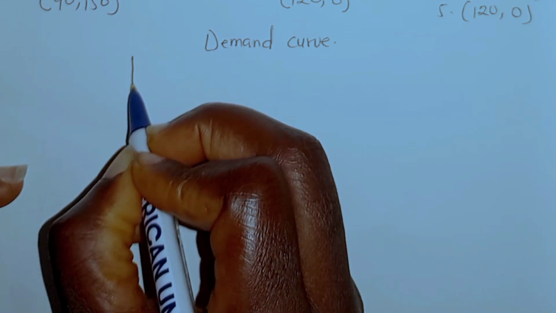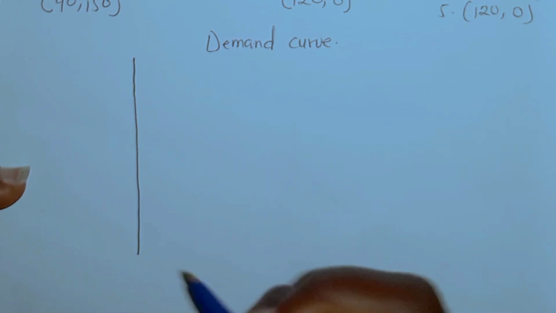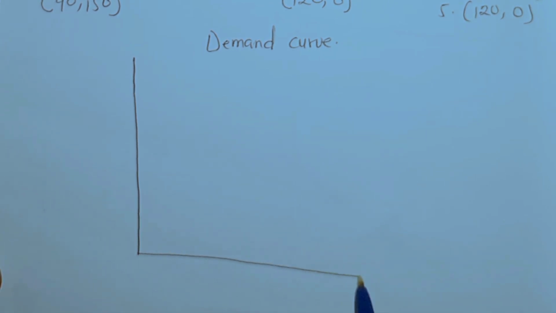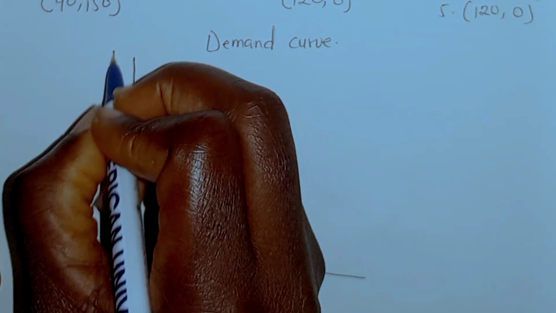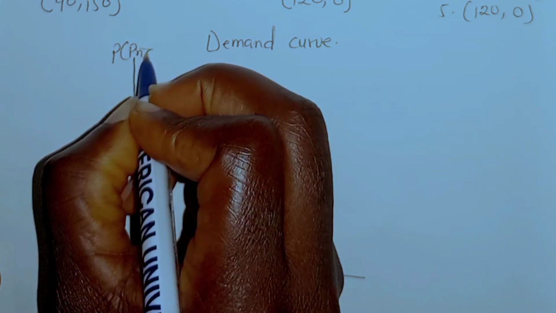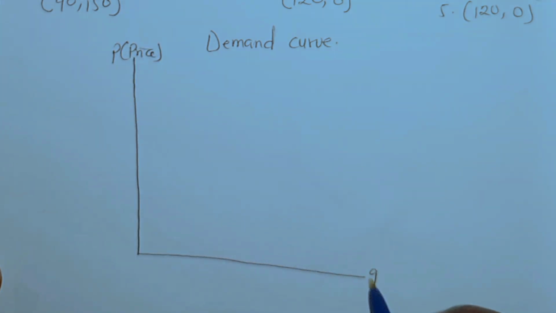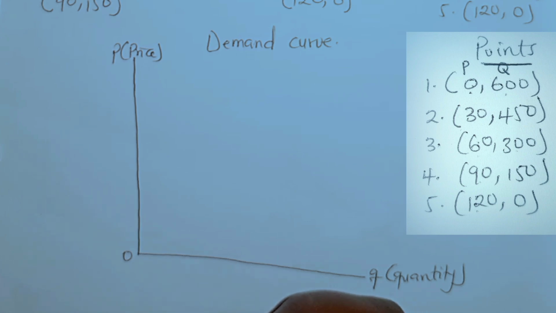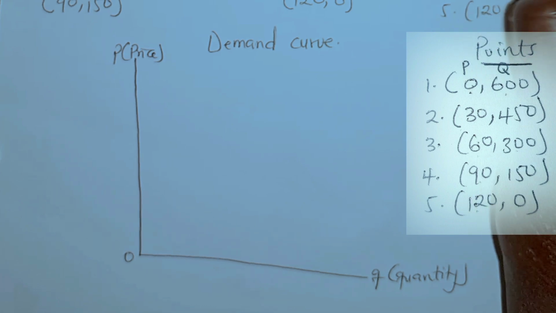So I went ahead to draw my X and Y axis. This is not drawn to scale. The Y axis represents the price and quantity is always on the X axis. Looking at the points, the first figures are always the prices, and the second figures are always the quantity.